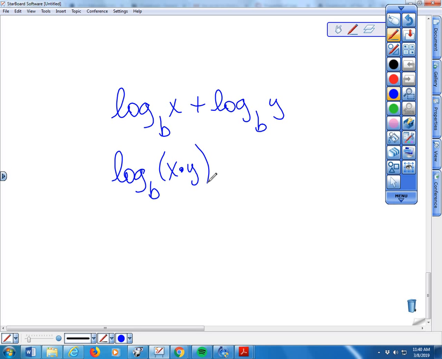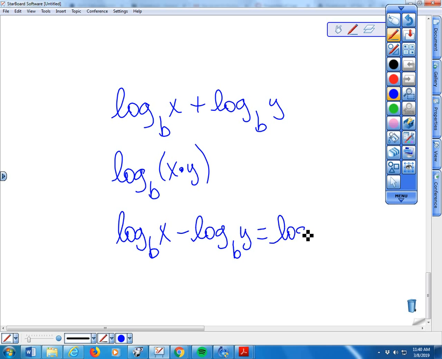So what do you think you do with subtraction? Divide. So log base b of x minus log base b of y is equal to log base b of x over y. Okay, and then if I have, what's the third?